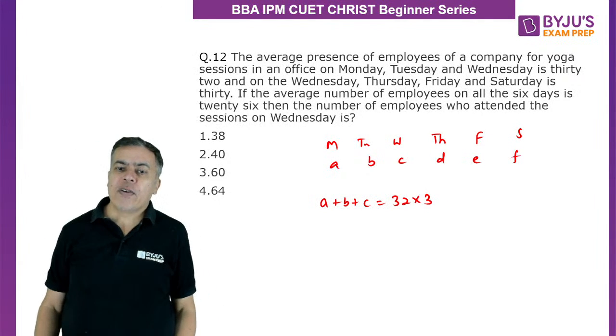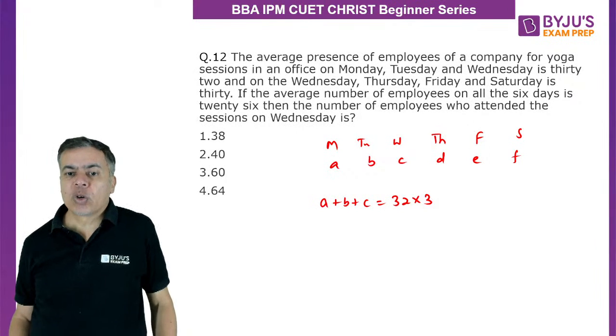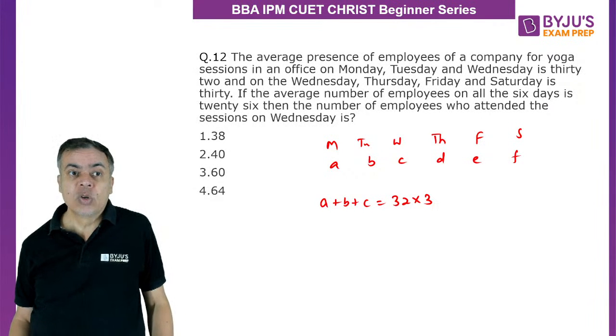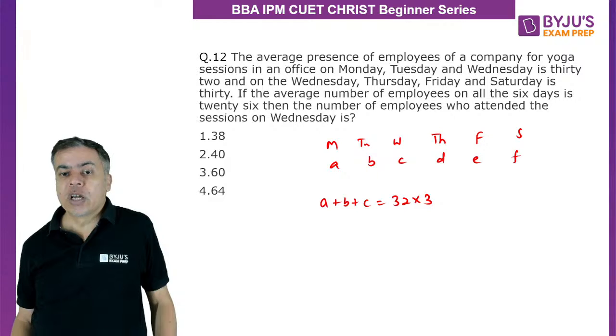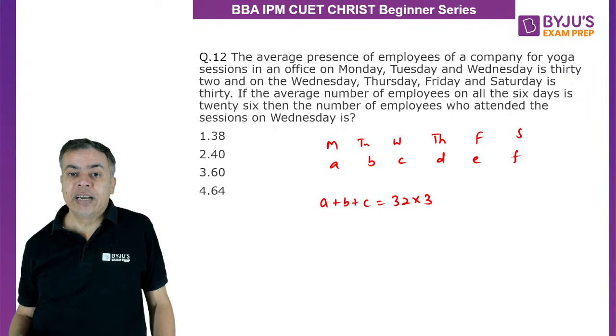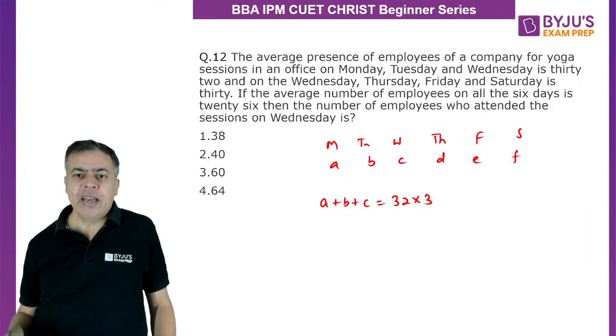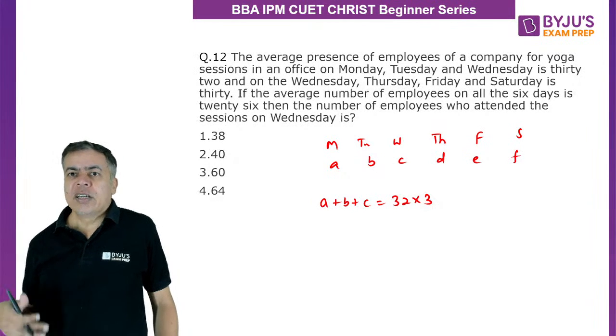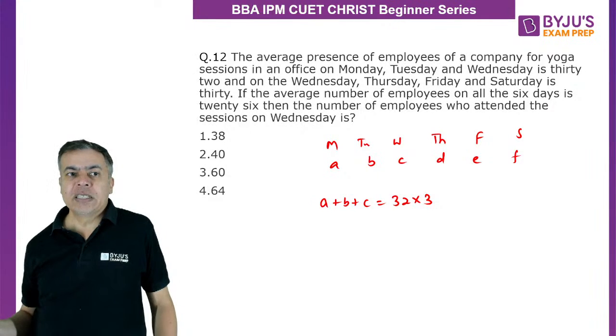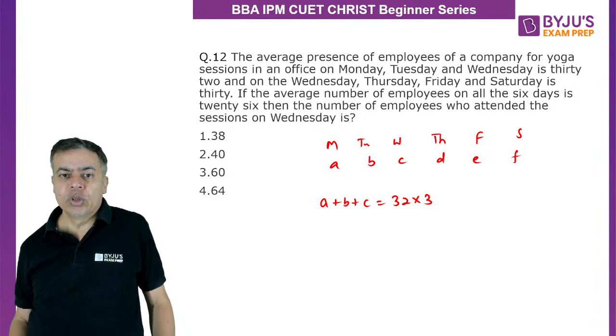Average into number of days will get me the total number present on all 3 days. Because the average was 32, 32 into 3 will be the total number present on all 3 days. I'm just adding Monday present A, then Tuesday present B, Wednesday present C. So A plus B plus C is 32 into 3.